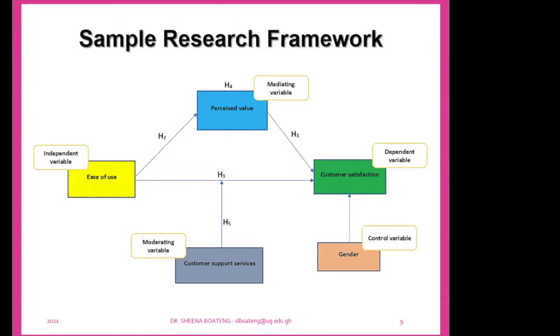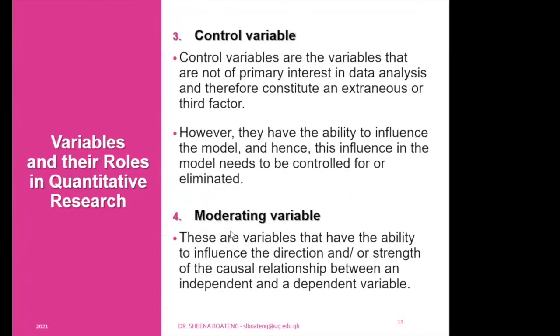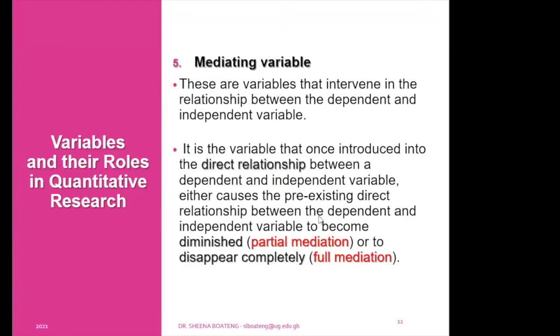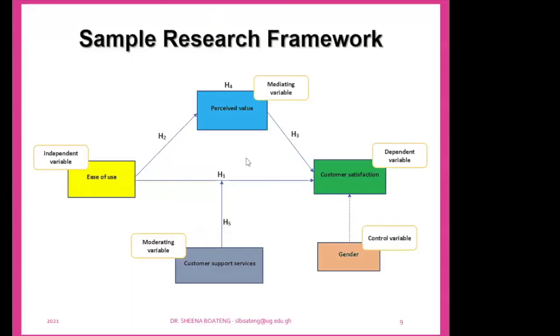Good. And then for the moderating variable, we can say customer support services moderates the positive effect of ease of use on customer satisfaction. Moderating is in the sense that it is not mediating, it's not in the middle of them, but it can strengthen or weaken the relationship. So we say it moderates that relationship.